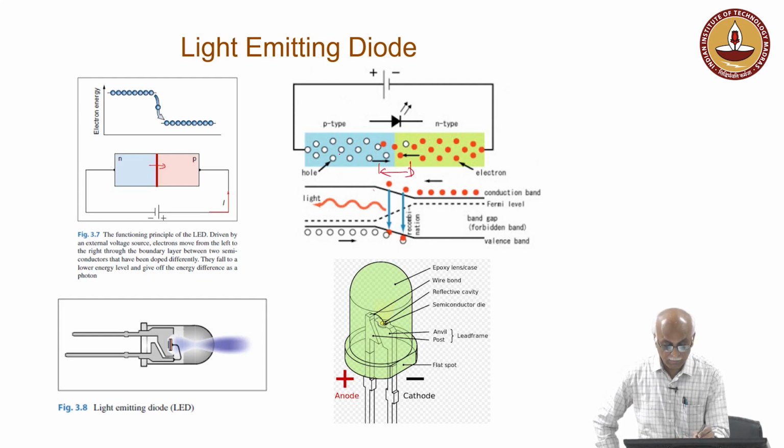When we apply a positive bias, the electrons travelling from n type to p type will have a much higher density in the junction region. The electrical field concentrated here will be very large in this junction region. The number of electrons will be large, and there is a good chance that they combine with the holes over here.